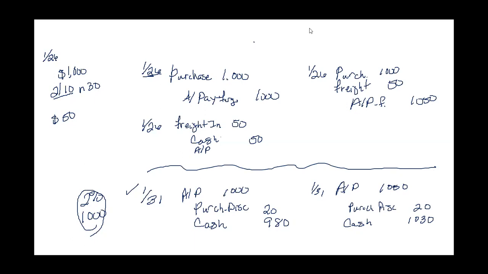Let me clear that drawing. If we bought the $1,000 of goods on 1/26 and we needed to return some of them, still 2/10, net 30, we come in on January 30th and let's say some of those goods were bad. We want to send back $200 worth of goods.